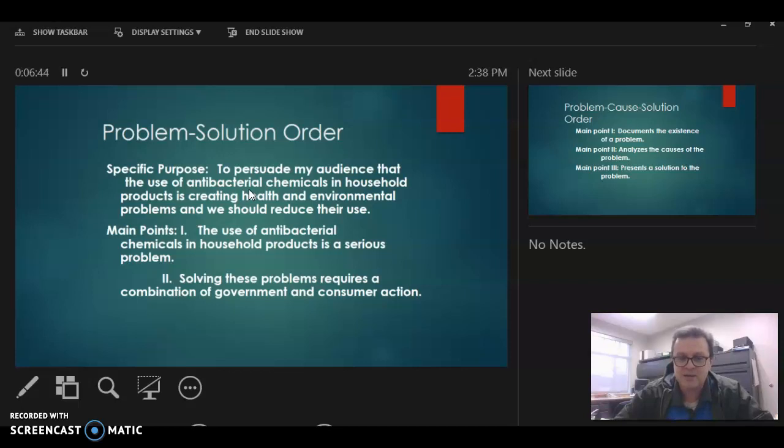We don't need antibacterial cutting boards. We don't need antibacterial plates and everything else in the world, right, to remove bacteria when common household cleaning products already can do that for us. All right, so everything else that we talk about here is basically just a variation of this type of structure. So I'll be very quick to talk about them.